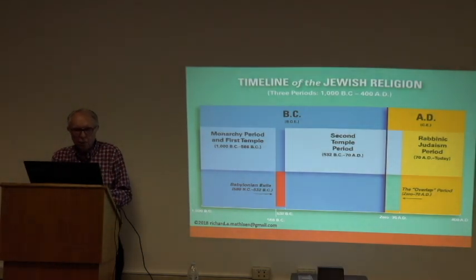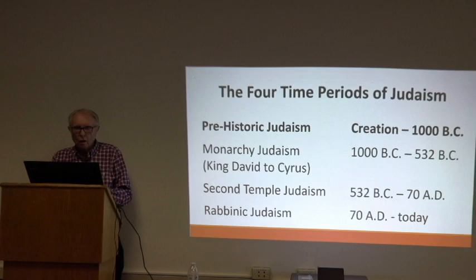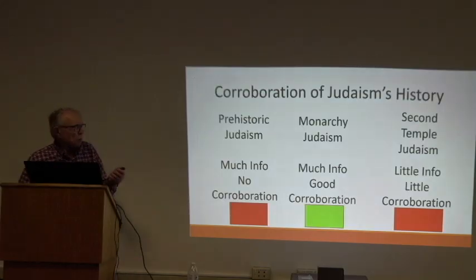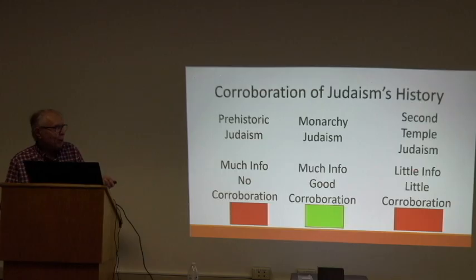But here's the timeline of Judaism, and these are the 4 periods. And here's sort of the way it looks. The prehistoric period, we have a lot of information in the Bible with no corroboration. The monarchy Judaism, the kings, we have a lot of information and good corroboration. That's why I have it green. And then Second Temple Judaism, we have very little information and little corroboration.